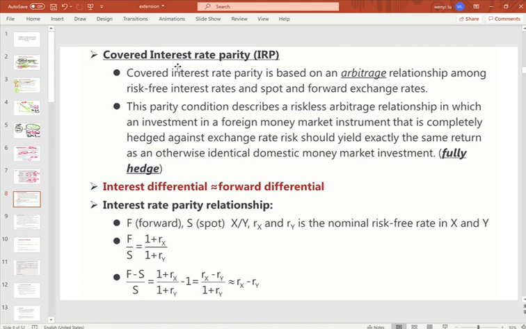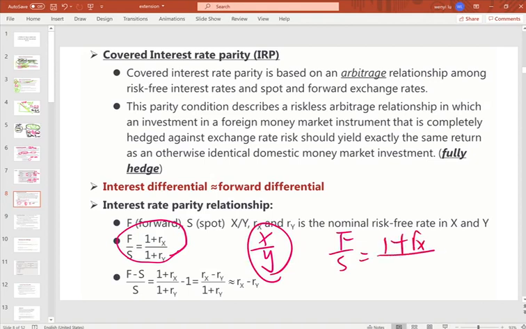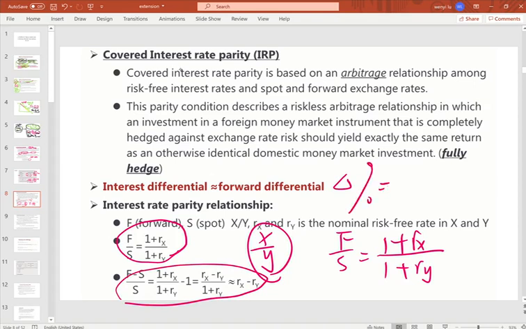For covered interest parity, we have the formula: forward rate over spot rate equals 1 plus the interest rate in country X, divided by 1 plus the interest rate in country Y, where the exchange rate is X over Y. With some simple operations, the change of the exchange rate equals Rx minus Ry. That's our formula.